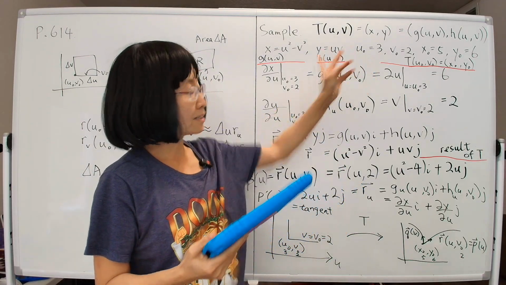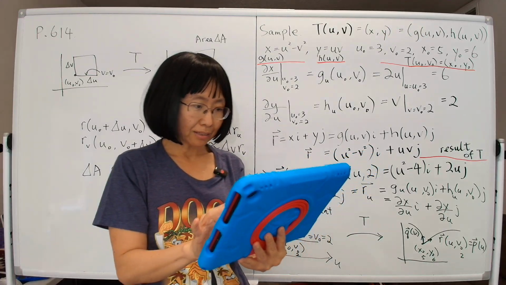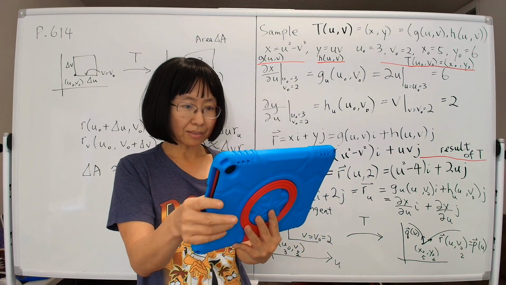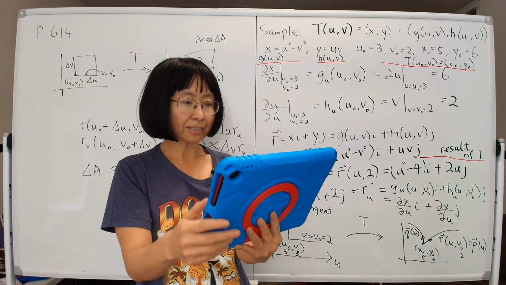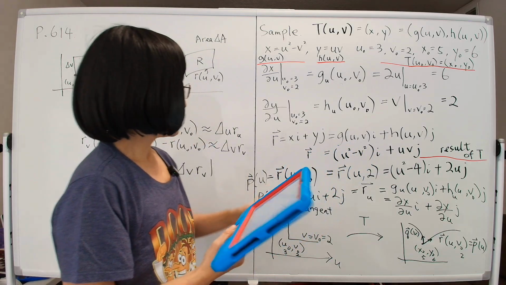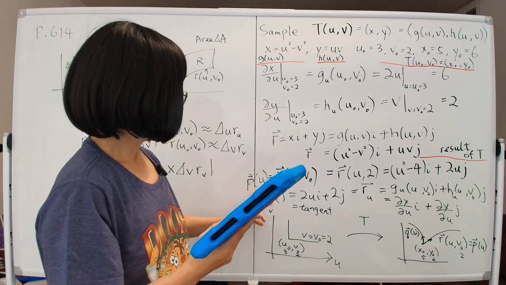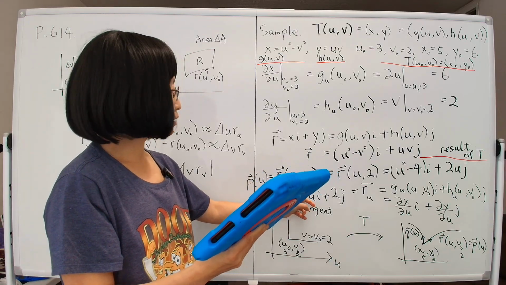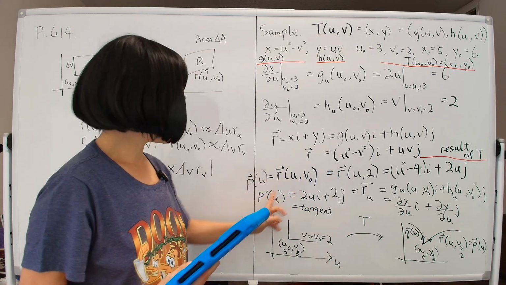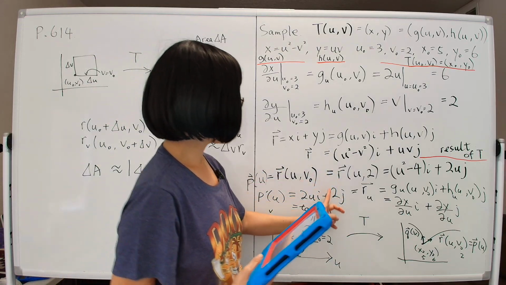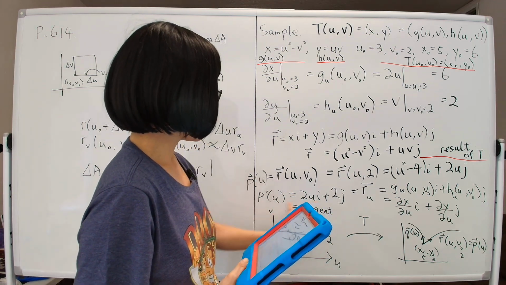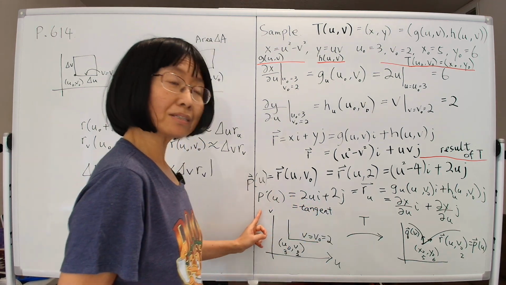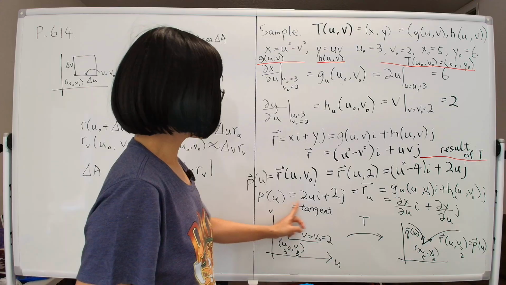See, here's a sample. Now next, we're going to calculate the tangent vector. That is ru. Where is it? Now, here's p of u. The tangent vector where we hold v0 constant is going to be equal to the derivative, right here, which the book doesn't mention as p of u, but this is just a sample.